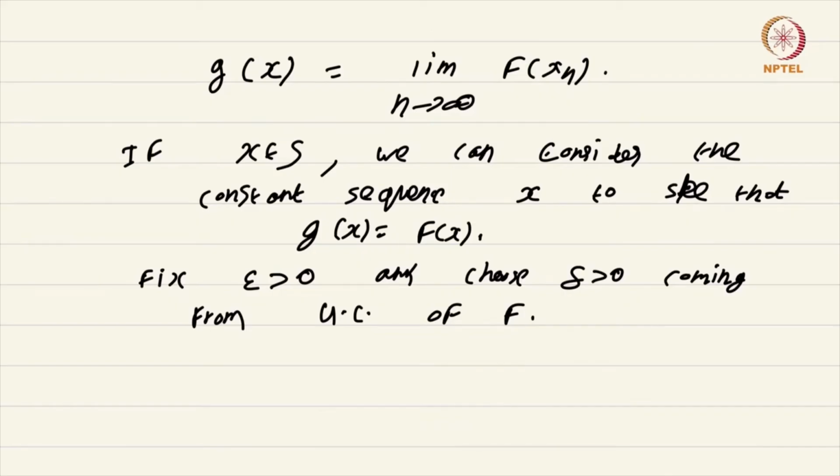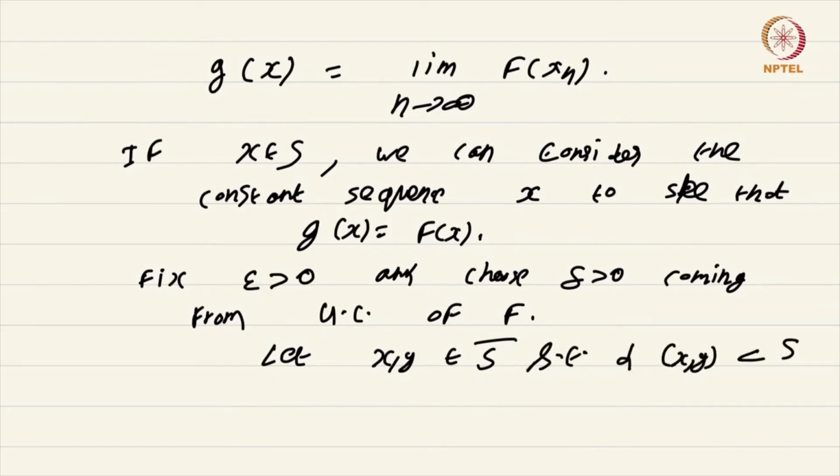So the choice of delta comes from the uniform continuity of the function f. So let x, y be elements of S closure, such that d(x,y) is less than delta by 3. I'm going to show that d(g(x), g(y)) is less than epsilon.